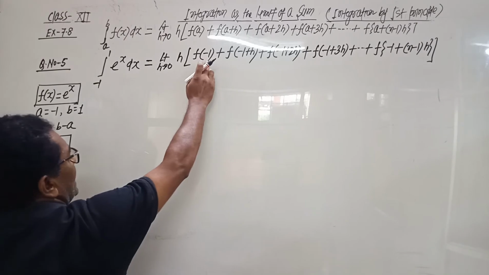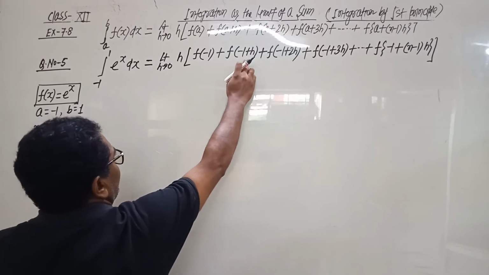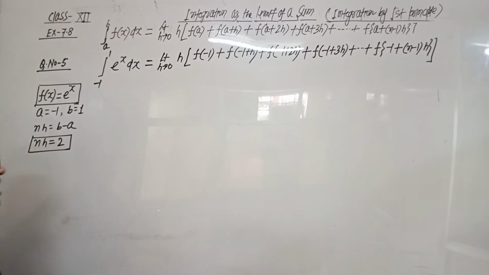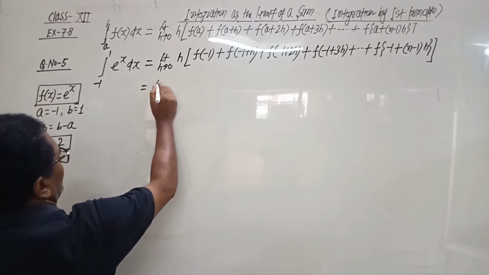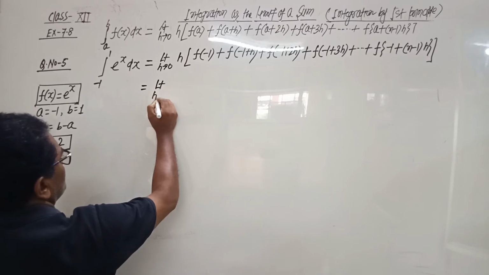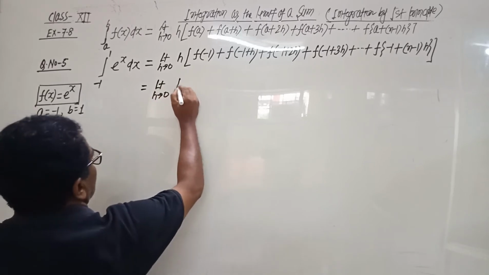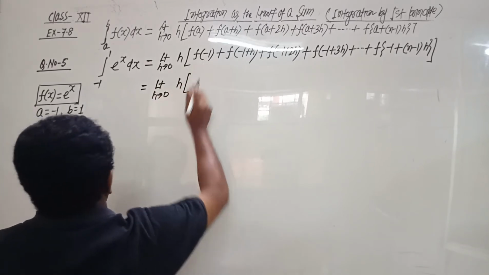Now we calculate f of minus 1, f of minus 1 plus h by putting the value of x equals minus 1, minus 1 plus h, minus 1 plus 2h and so on. So limit h tends to 0, h f of minus 1.